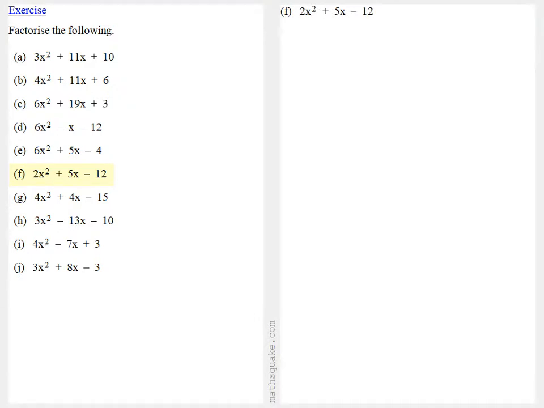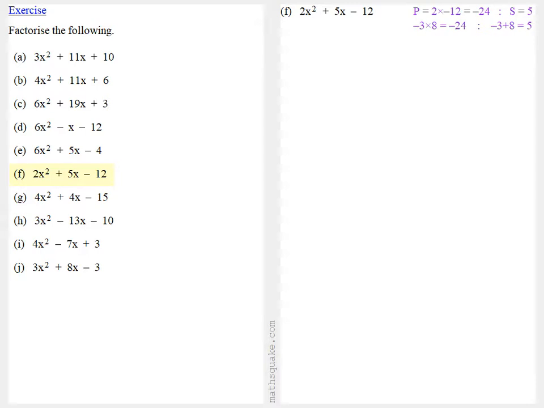In question F, we have 2x squared plus 5x minus 12. So P is 2 times minus 12, which is minus 24, and S is 5. So we want two numbers that multiply to make minus 24 and add to make 5. They are minus 3 and 8. Minus 3 times 8 is minus 24.